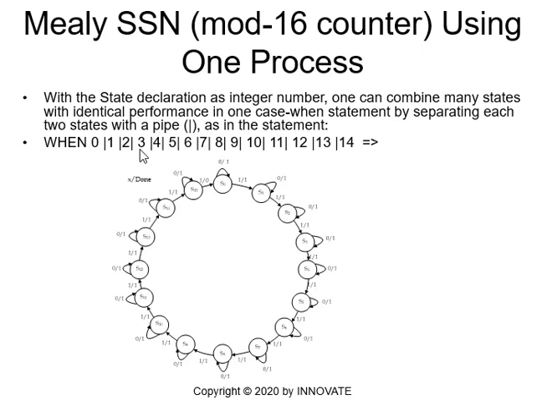So if we say when 0, 1, 2, because if you look here, in S0, when I have 1, the output will be 1, I will go to S1. So S1 will be incrementing S0 by 1. The same thing, I go to S2. If X is 1, I will go to S3, and so on. What if X is 0? I'm staying in the state.